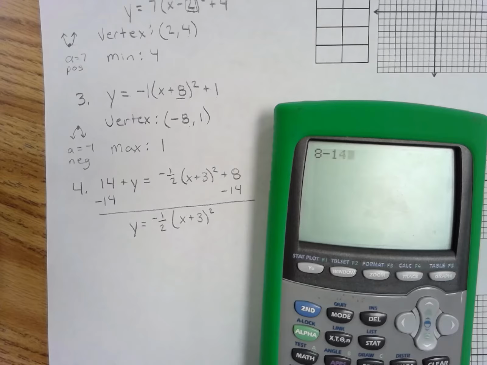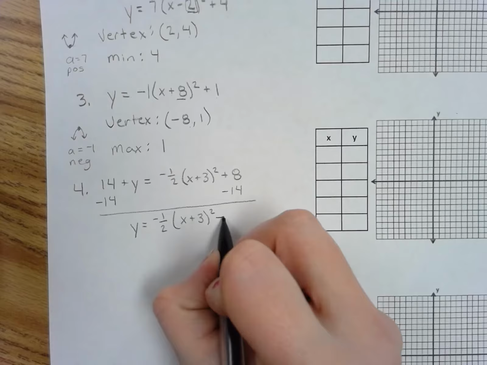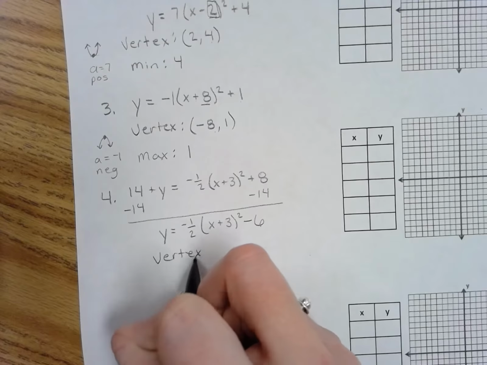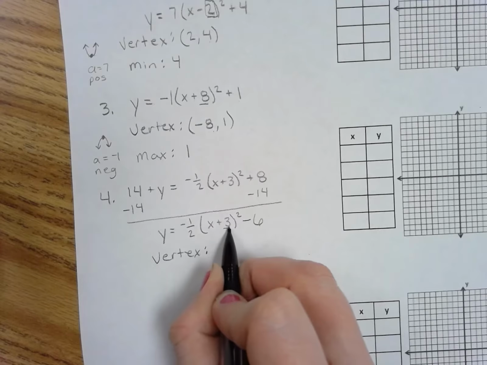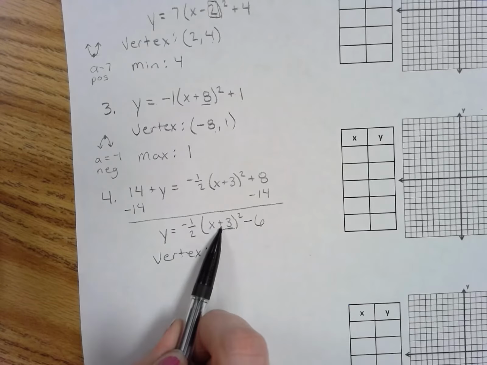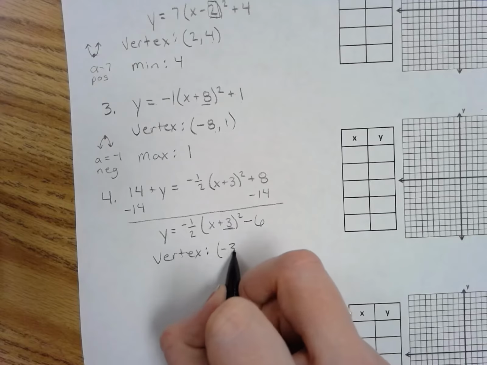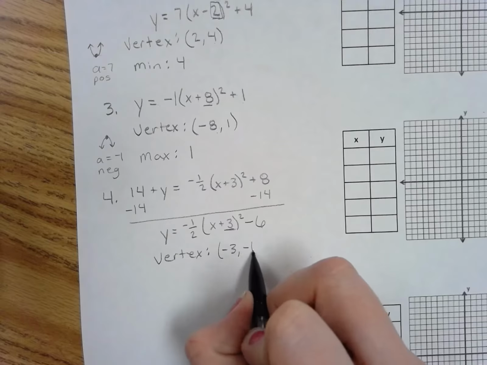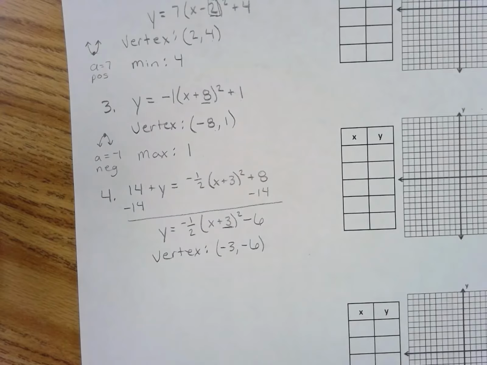So 8 minus 14, we find that we get negative 6. So that vertex, use your h, k value. So h, we want to take the opposite of what we see. So we have negative 3, comma, for k, take exactly what you see. So vertex negative 3, negative 6.